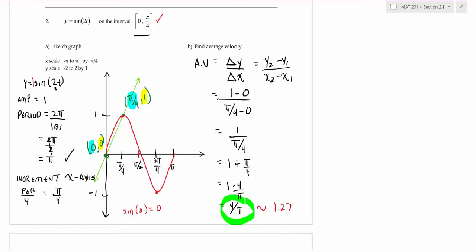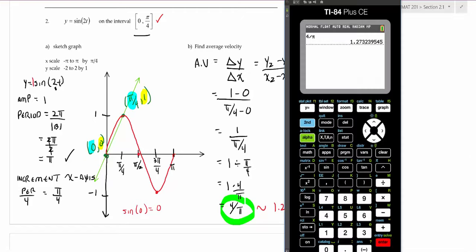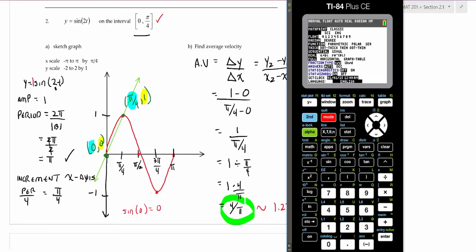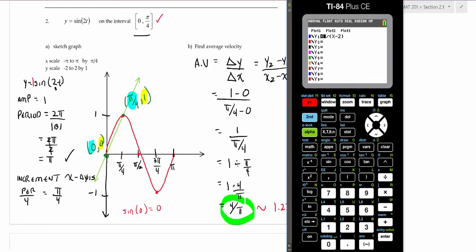Now I want to show you on the graphing calculator, if you're dealing with a trig graph using technology, the first thing you want to make sure is that you're in radian mode and that you're in function mode. Now if you go to y equals, we're just going to put in sine of 2x. I'm going to do the same thing that I have here. I'm going to graph from 0 to pi, just so you can see the one period. You can scale that by pi over 4.